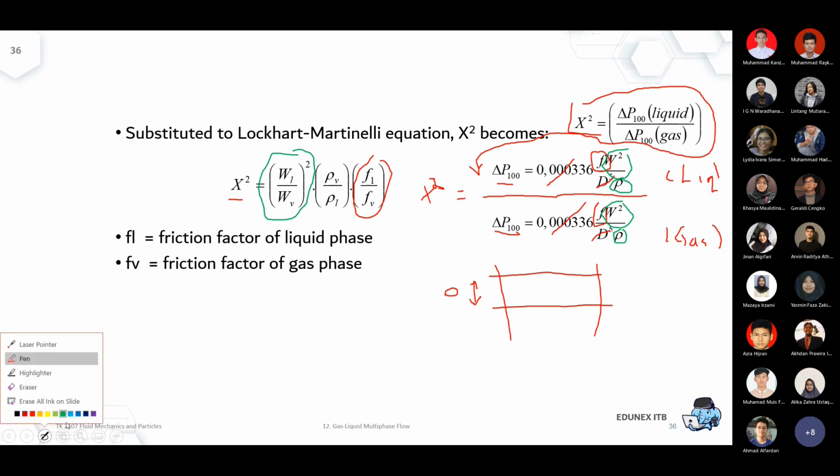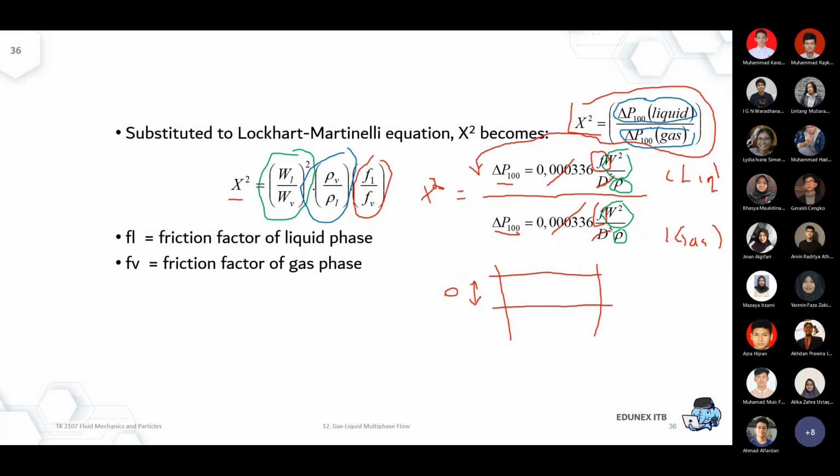So it was proposed from assuming that the pipeline is only filled by liquid and vapor, but you don't actually have to finish the pressure drop calculation. You only have to finish the pressure drop calculation for the gas, because again this is the starting point of the Lockhart-Martinelli equation. Remember, at last we will multiply by the phi square. But you don't actually have to finish the delta P liquid calculation.